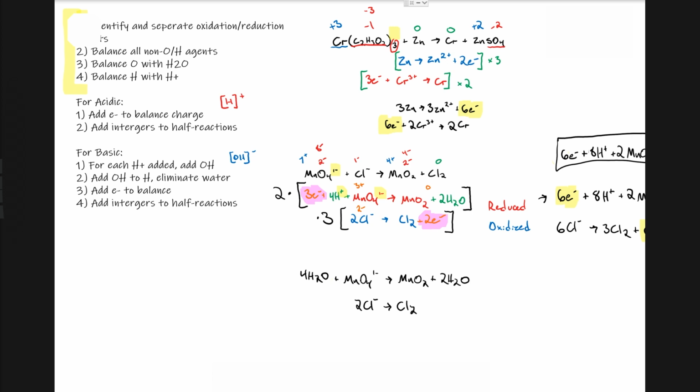Oh, excuse me. I forgot to add: whatever you add to one side, you have to add to the other. And since we added 4 hydroxyl groups to the left side, we also have to add 4 hydroxyl groups to the right side. Okay? And now we eliminate any water.